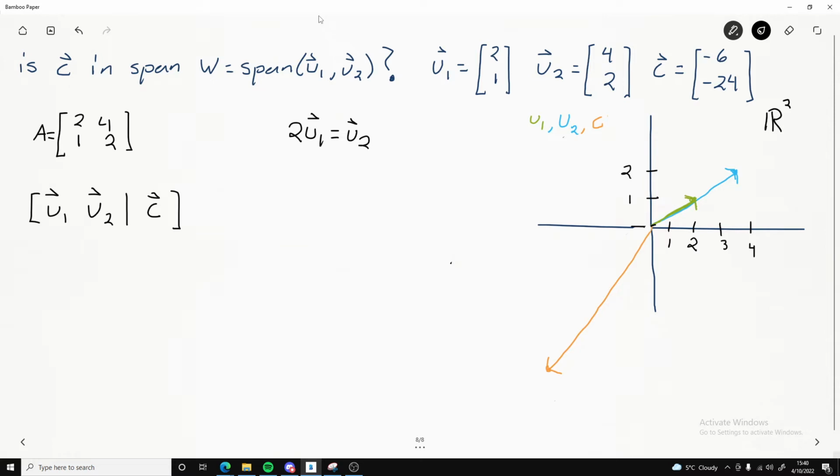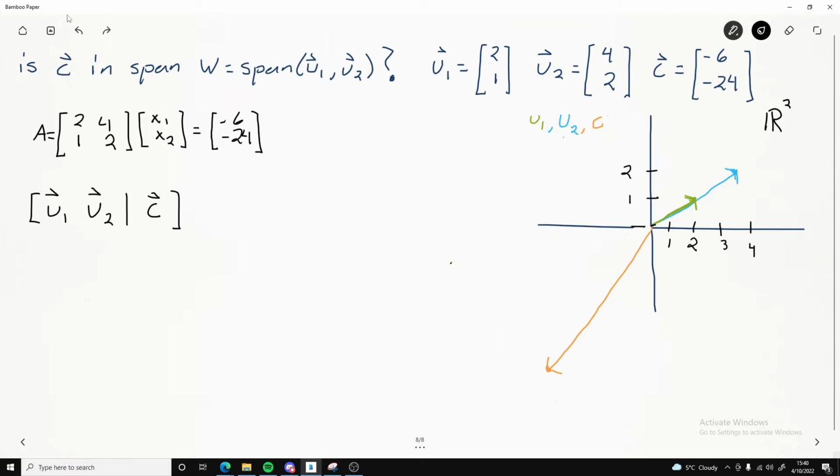And then we have X, which will be equal to x1 and x2. And then we have C, so this times x1 and x2, for some x1 and some x2, hopefully equals negative 6 and negative 24. And now I'm going to go ahead and erase this fact now that we've already used it, but we know that there does not exist an x1 nor an x2 in order to achieve negative 6 and negative 24 with the coefficient matrix that we have because of this whole slope example I just gave, right?